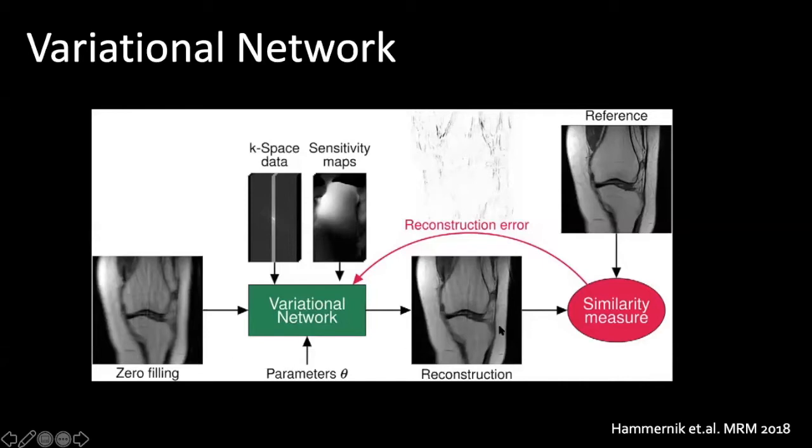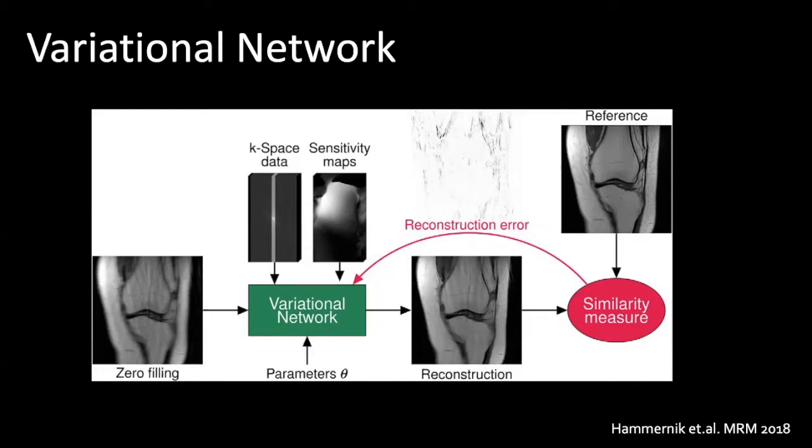And then if you actually had a reference image, a highly sampled, high quality image, one could then use that to feed all of this information into a network, and learn what the reconstruction error is. This is that cost function I was talking about before, and then iterate and improve the parameters of this variational network such that you get to a better and better reconstruction of that image.